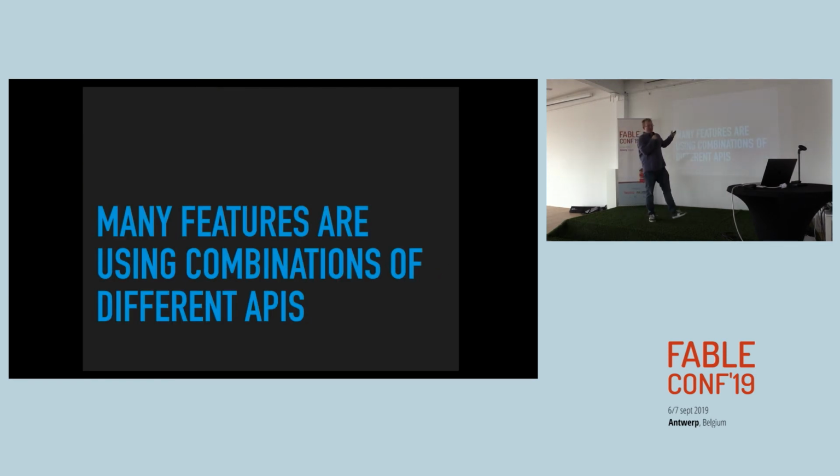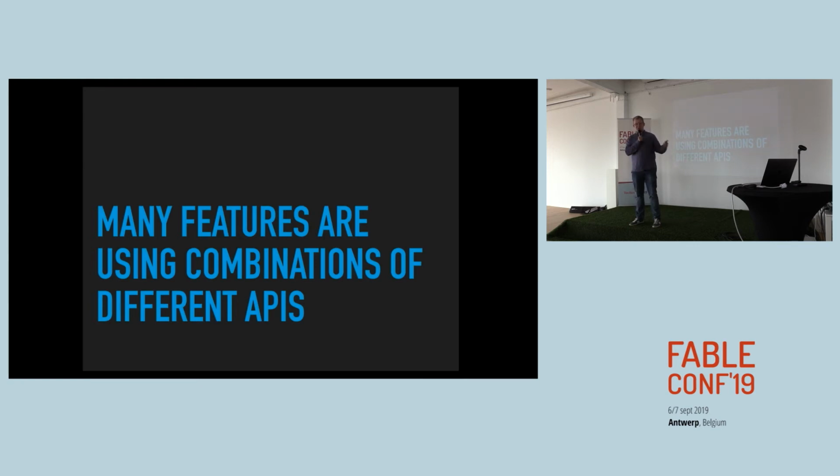Many of the features are using combinations of those APIs. I've grouped them into several groups, but this is not any strict grouping. Basically, almost every feature is using a combination of those. As I've mentioned, displaying tooltips. First, we check if displaying a tooltip for this position makes sense using the Lexer API.